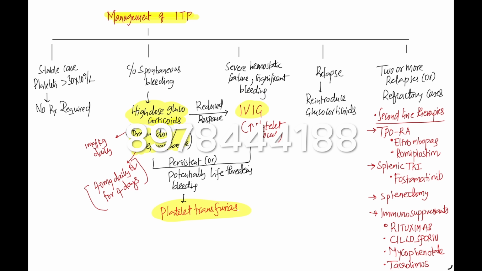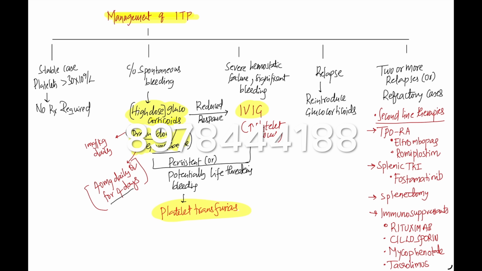If there is spontaneous bleeding, we start with glucocorticoids, and here you need to know that the dosage of glucocorticoids is high. If you are using prednisolone, we give 1 mg per kg, but if you are using dexamethasone, we go up to 40 mg daily for 4 days. So high dose glucocorticoid therapy is given in these cases.